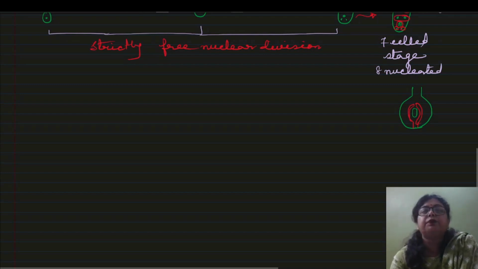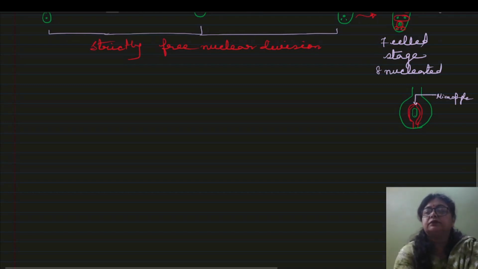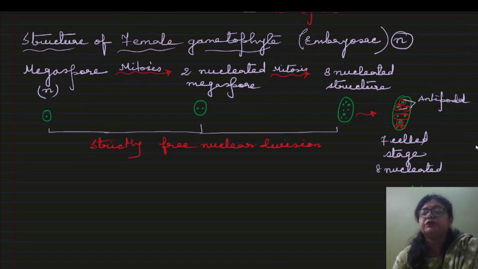If this is the micropyle of the ovule, then the antipodal cells in the embryo sac will be just opposite to the micropyle, at the chalaza end.